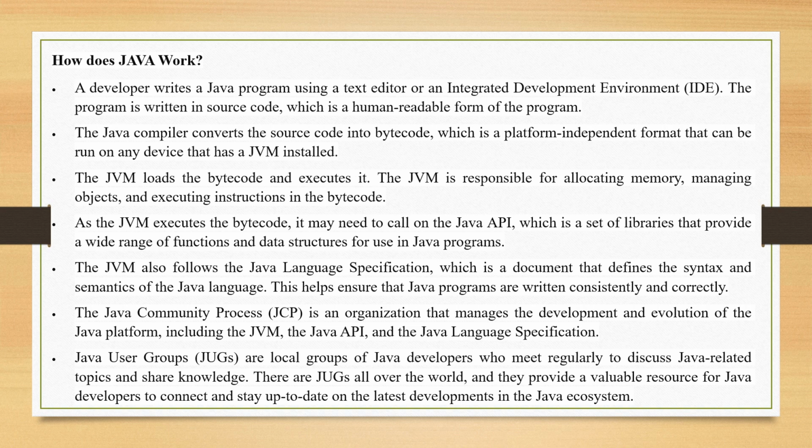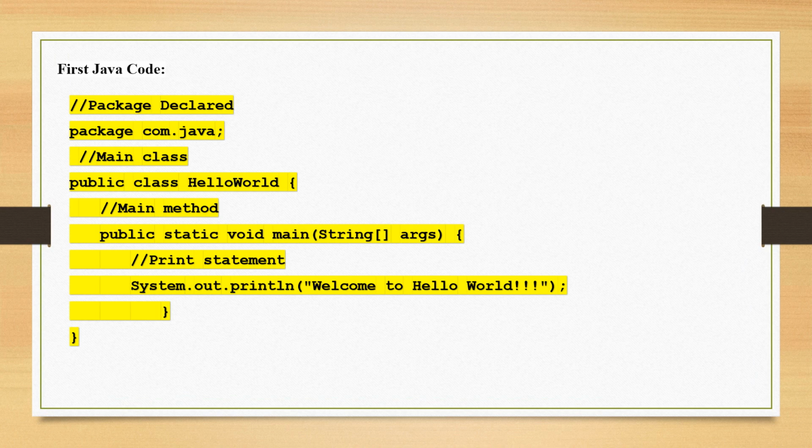It also follows the Java language specification, which defines the syntax and semantics of the Java language. It helps to ensure the Java programs are written consistently and correctly. This is how Java works.